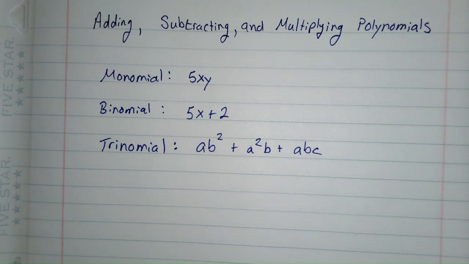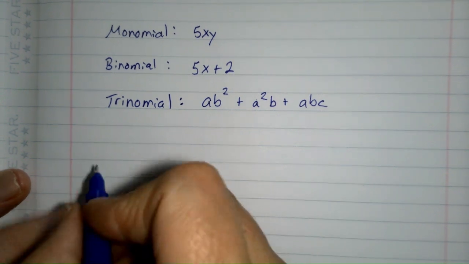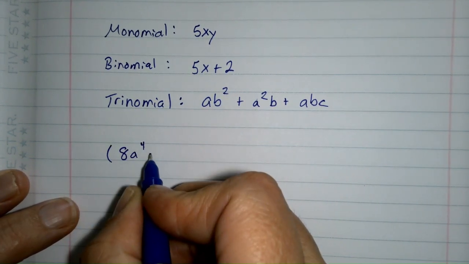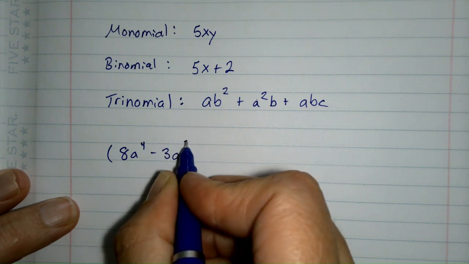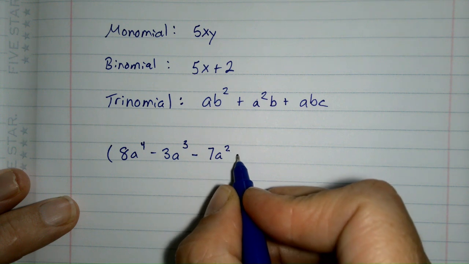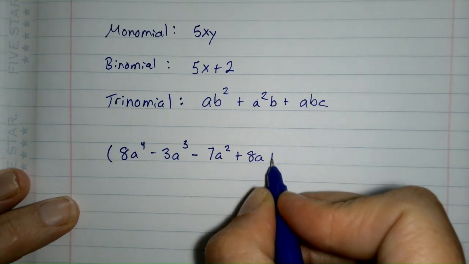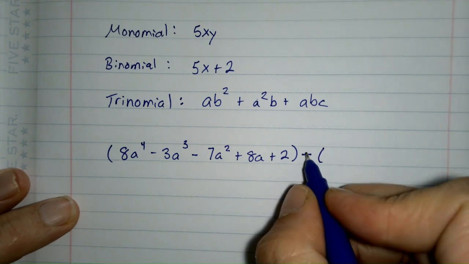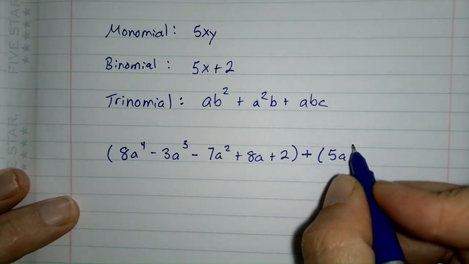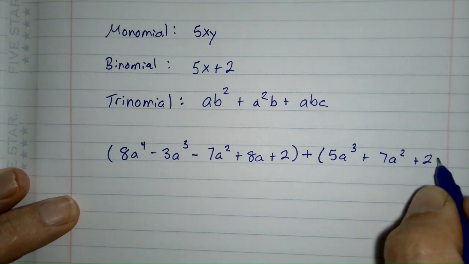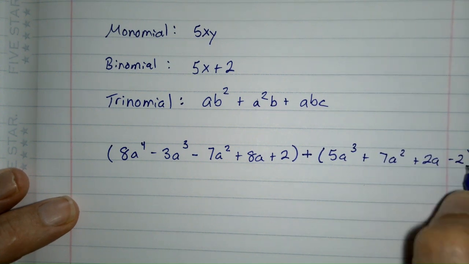So you might see a problem written horizontally as 8a to the 4th minus 3a to the 3rd minus 7a squared plus 8a plus 2, minus, we'll do plus, 5a to the 3rd plus 7a squared plus 2a minus 2.